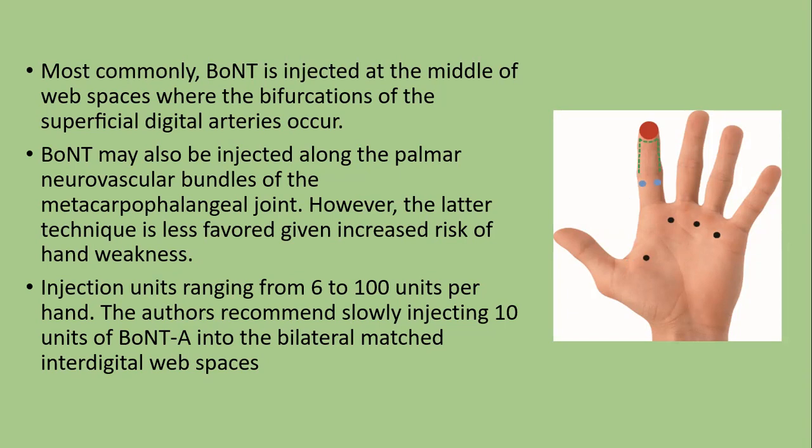However, the latter technique is less favored with increased risk of hand weakness because it will also paralyze the muscles. The injected units range from 60 to 100 units per hand, and it is recommended to inject slowly 10 units of botulinum toxin into each web space.